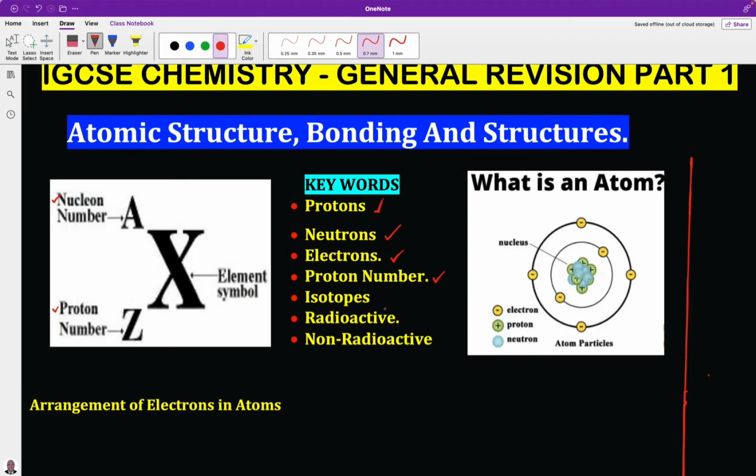It takes us to isotopes. We hear of isotopes every day. What are isotopes?